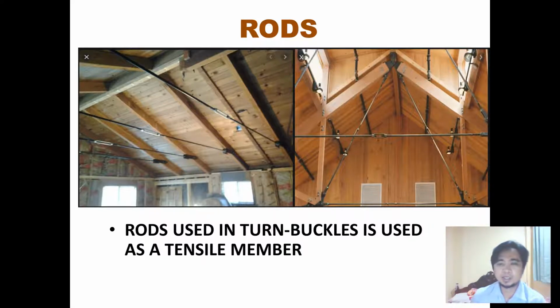As we can see, in between the rods we have a turnbuckle. A turnbuckle is a connector between these two rods, wherein there is a thread on it. If you tighten that, it will have an initial tensile force, and this initial tensile force would tend to brace up your framing system.